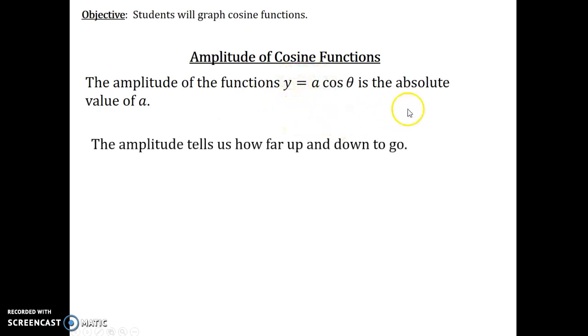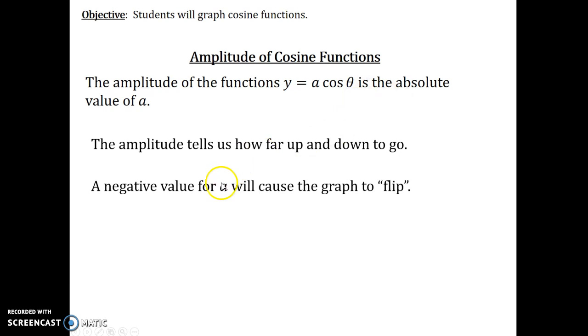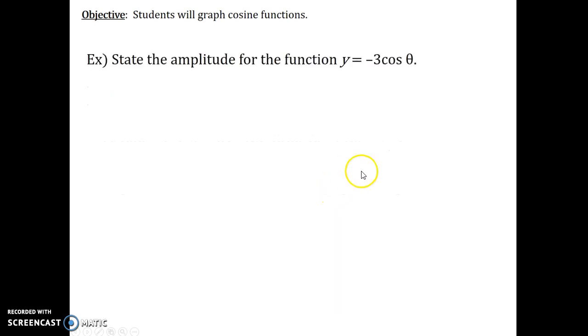So if we have an a value that is negative, we get the graph to flip or reflect across the x-axis. Okay, so for this first example, we're just identifying the amplitude. It says state the amplitude for the function y equals -3 cosine theta.